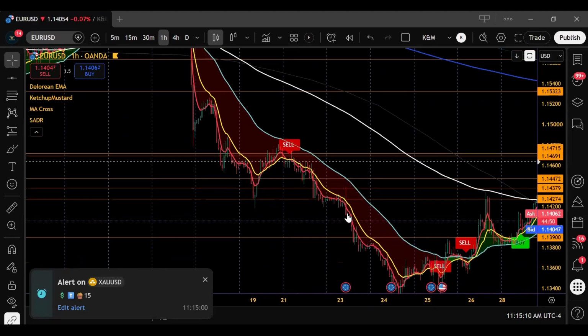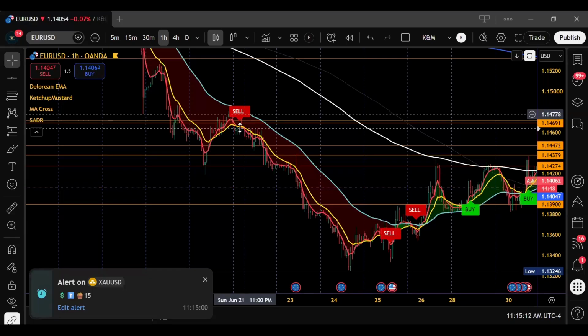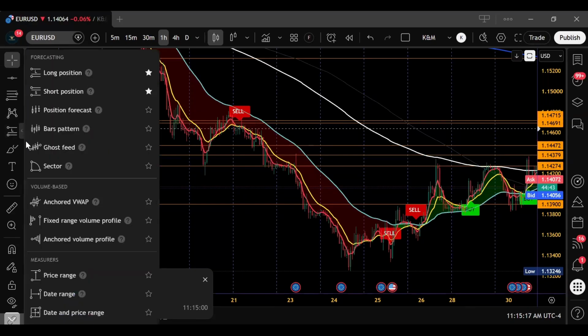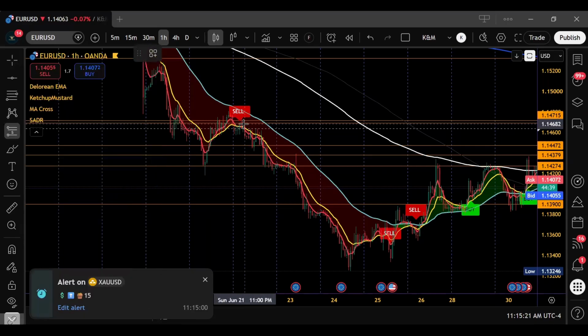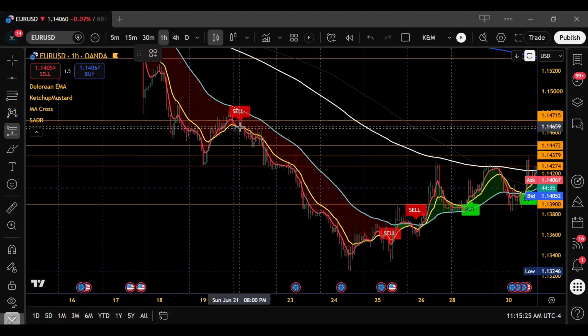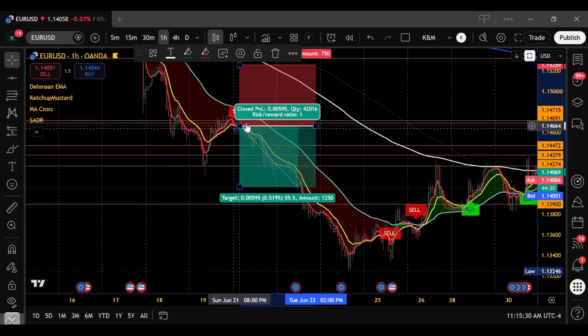Now we got the scanner giving off sells again here. Got a sell right here. Green candles. So those are for the open of the candle.